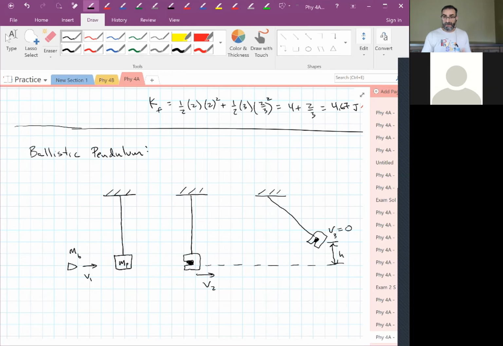Okay, you understand what's happening? The bullet is coming in, hits that pendulum, sticks to it, and the two things go up until gravity slows them down, comes to rest, and we can measure the height, and we will figure out right now how we calculate the speed of the projectile if we can measure the height like that.